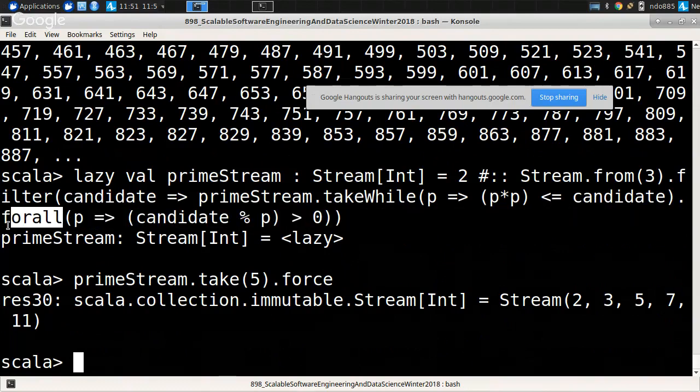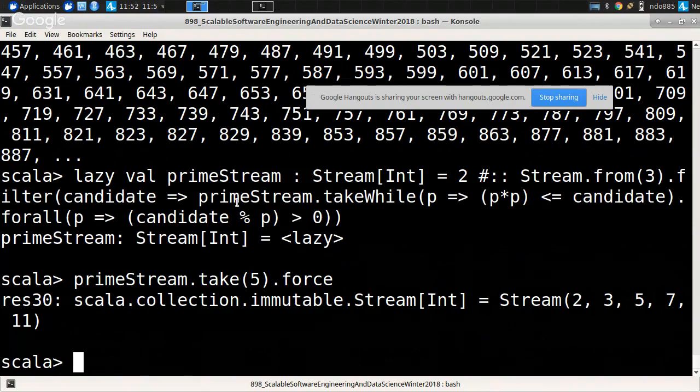If for all elements of prime stream computed thus far, none of them divide this candidate value from this stream, then we'll retain it. And all the previous elements of the prime stream are, well, they're prime. So we'll consider this a prime if none of the previous elements divide it, right?